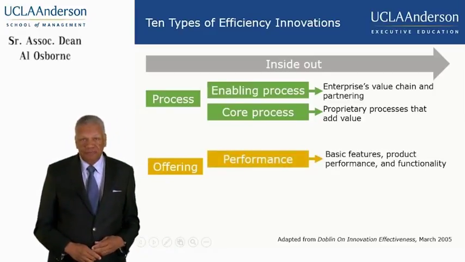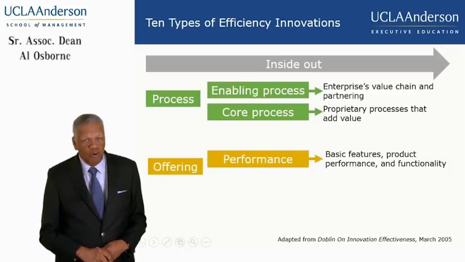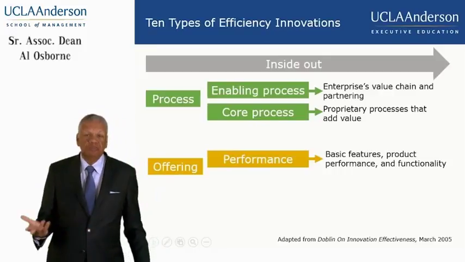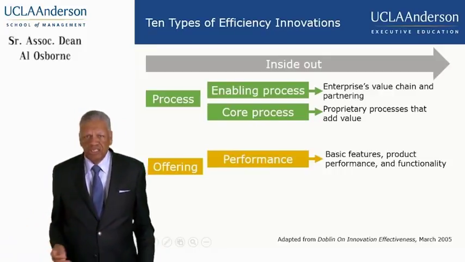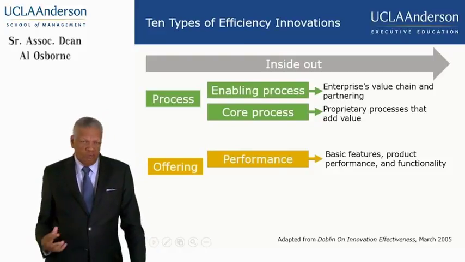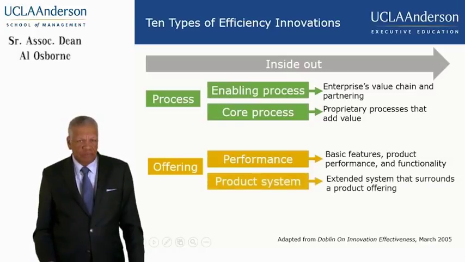The offering itself, the car or the service, could be improved from a performance point of view, e.g. changing the basic features or creating different functionalities as part of how the offering uses innovation inside out to be further developed.